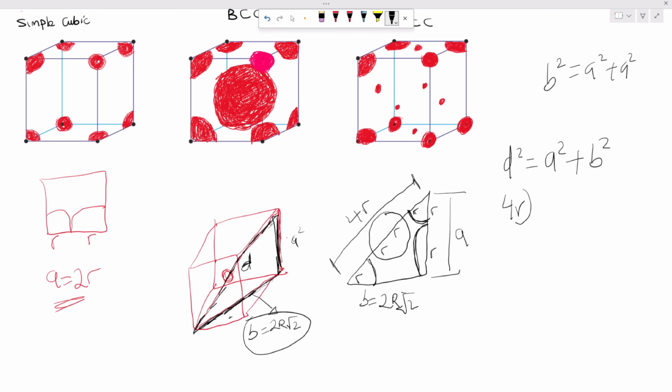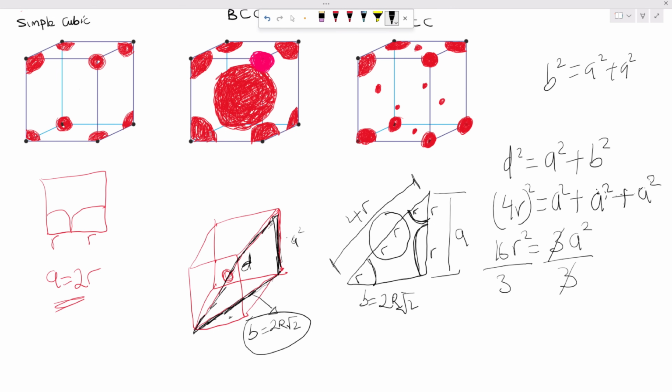So we have our 4R into square equal to A square plus, now we are bringing this guy in, A square plus A square. So 4R times this, we have 16R square is equal to 3A square. So we divide both sides by 3.